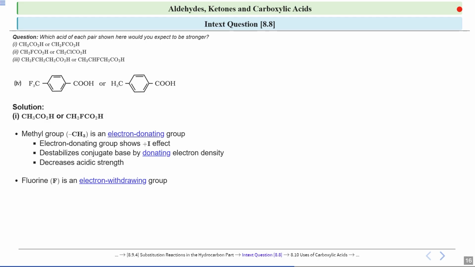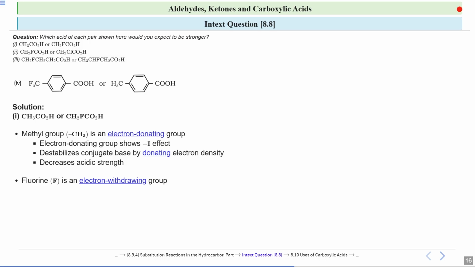Now if I talk about the next acid, which is CH2FCO2H, here you have a fluorine group. Fluorine is an electron withdrawing group, which means it pulls the electron density away from the rest of the molecule.